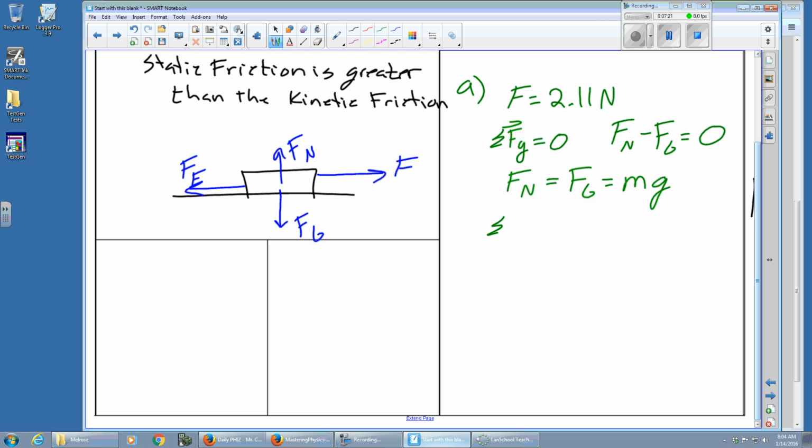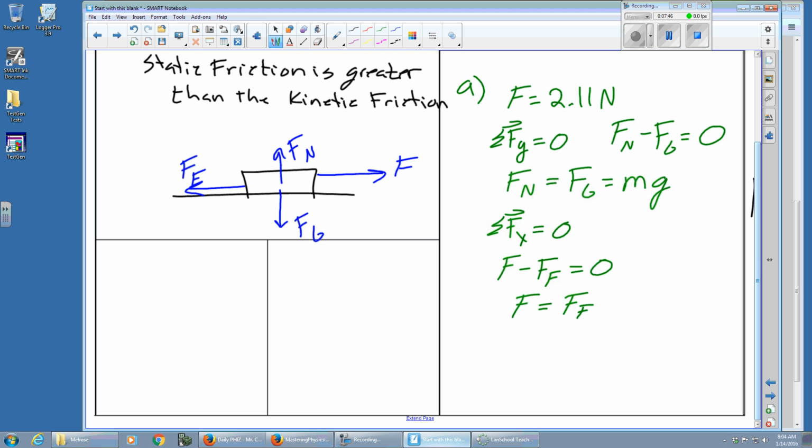And then I'll do the sum of my forces in the x. That also equals 0, since we have no acceleration. So I'm going to call to the right positive. So I have F minus F_f equals 0. So whatever force I push it with, that's going to equal the frictional force.